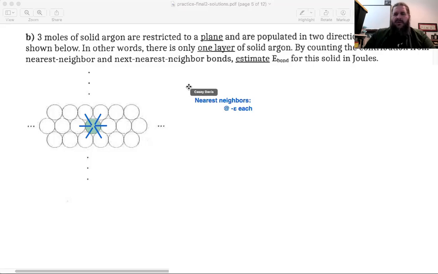And to figure out the total number of bonds of that type, how many atoms are we dealing with? In this entire enormous cluster, how many atoms do we have? Did this problem tell us how much there is?